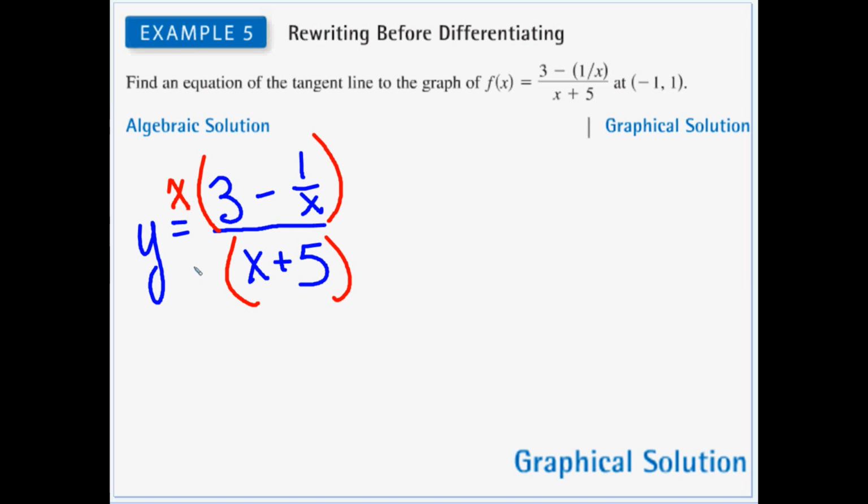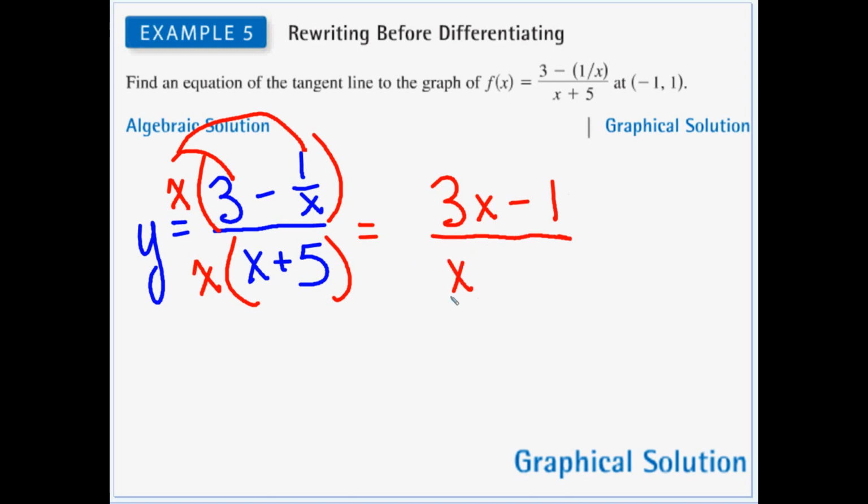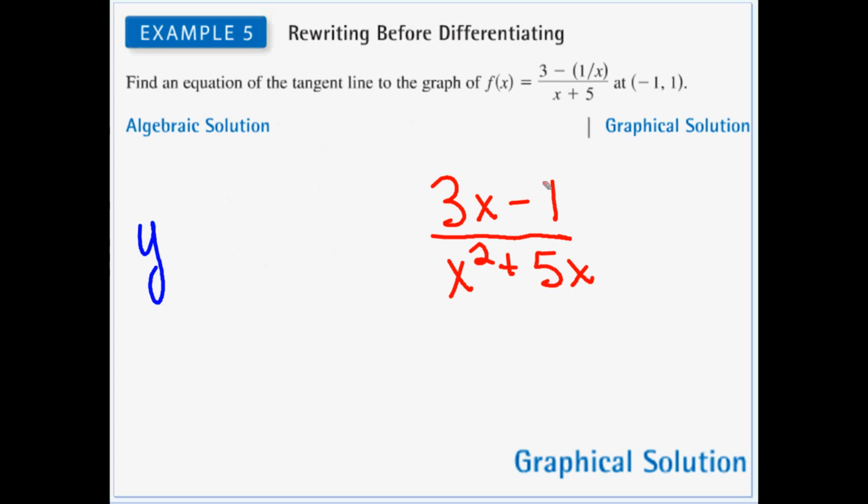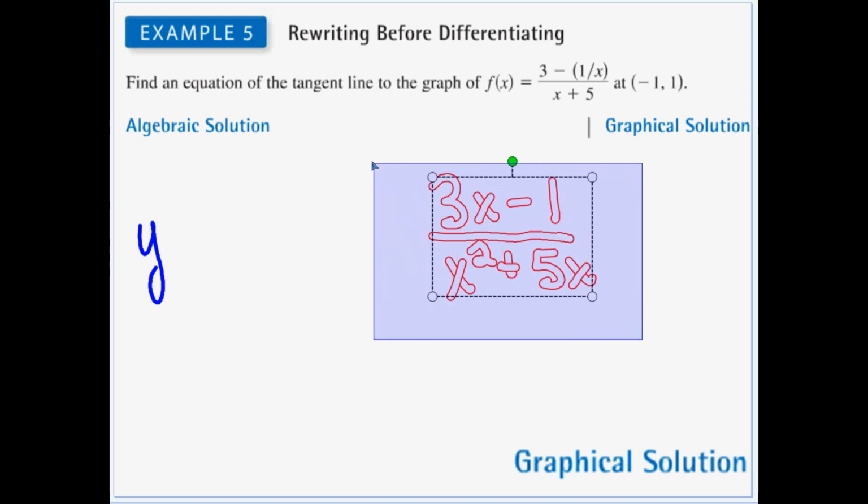Let's distribute an x in the numerator and also one in the denominator to see what happens. So we'll have a 3x minus, that would be 1x over x, or just 1. Our denominator, we distribute the x and get x squared plus 5x. So here's our function rewritten before we derive.